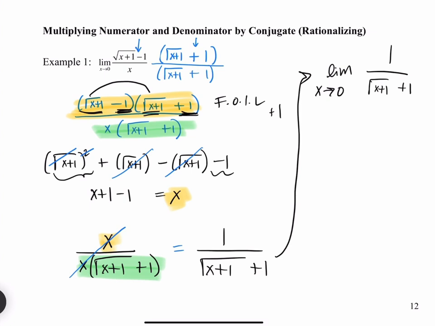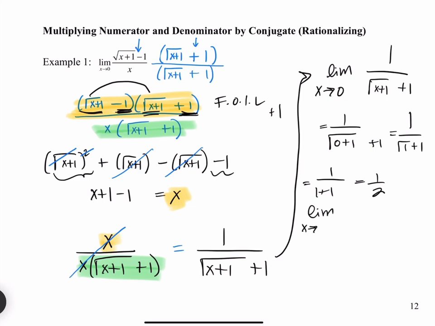I can do direct substitution. I'm going to get the square root of 0 plus 1 is radical 1 plus 1, which is 1 plus 1, which is 1/2. And so finally here, the limit as x approaches 0 of my function equals 1/2.